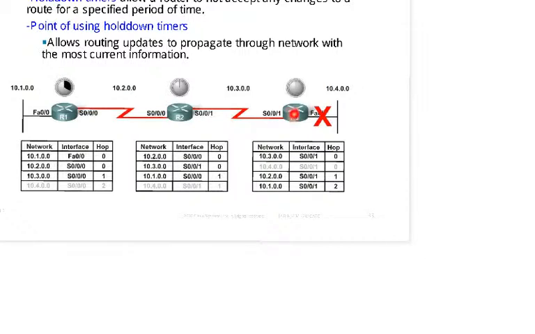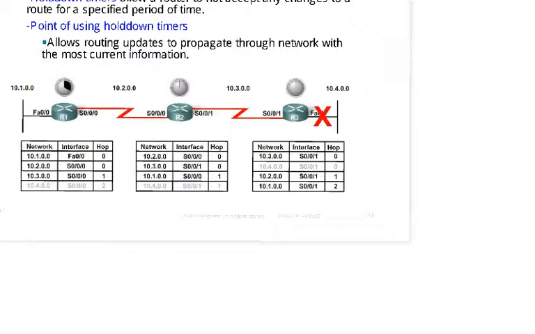Exactly. R3 will initiate that process. So R3 will inform them that, pay attention, now this network is intermittently down. I'm not sure if it will come back up again, but please start a hold down timer and wait for any further instructions, because it may come back up again, in which case I will inform you.